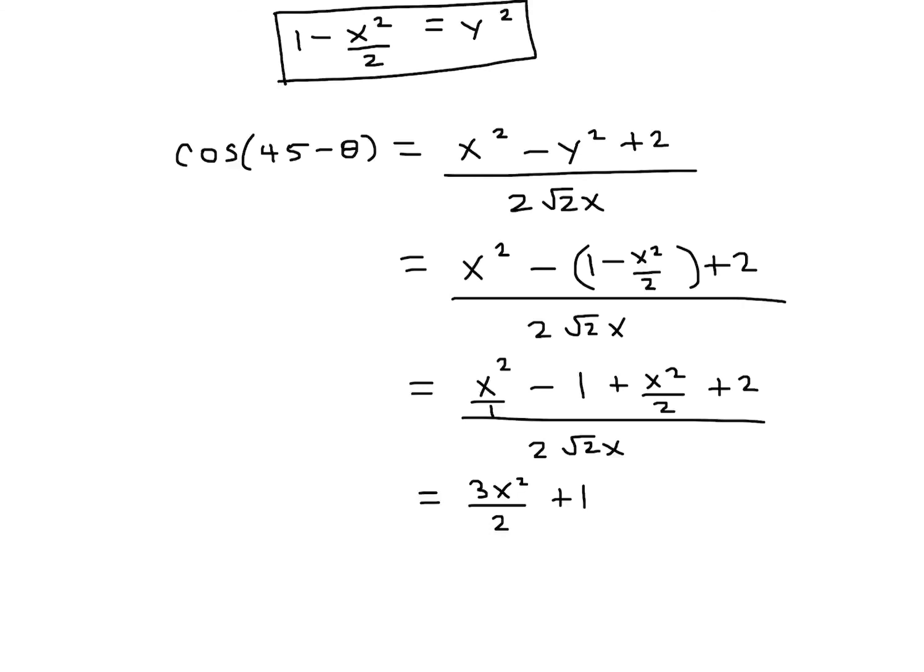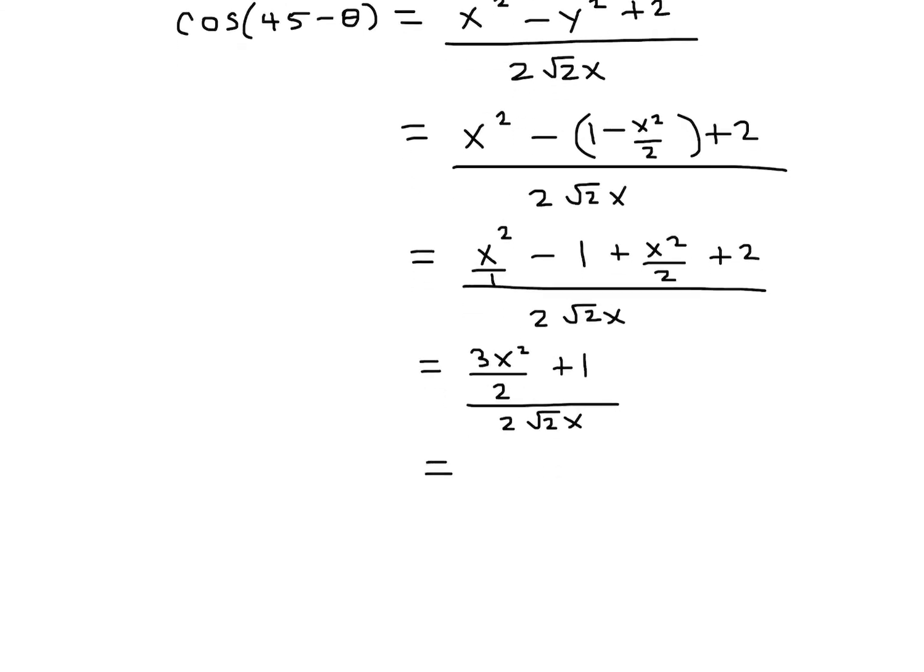And then 2 minus 1 is, of course, just 1 all over 2 root 2x. And this looks like if you put it individually, it'll be 3x squared over 2 times 2 root 2x plus 1 over 2 root 2x, like that. And then a lot will cancel here. The x's will at least, well, maybe not a lot, but that will at least help us a little bit. And the bottom just becomes 4 root 2.